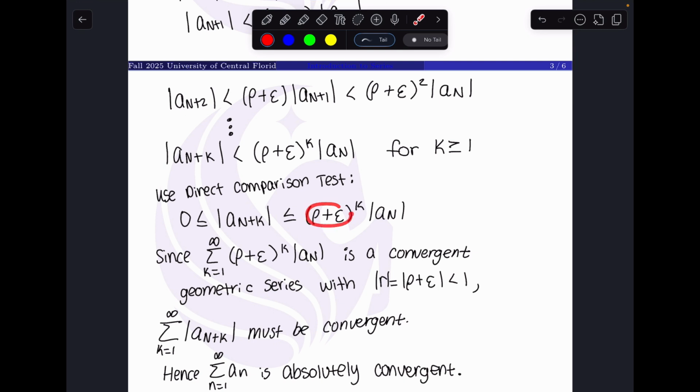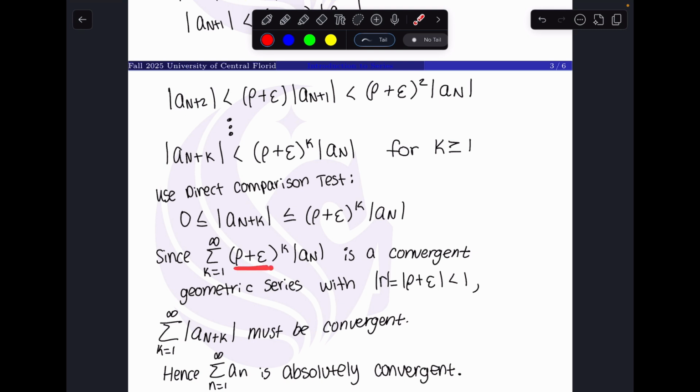Our rho plus epsilon is like our r to the k, and the absolute value of a sub big N is, remember, fixed. So a sub big N is some number, and we're taking the absolute value of it. So this is like the a times r to the n structure we have here.